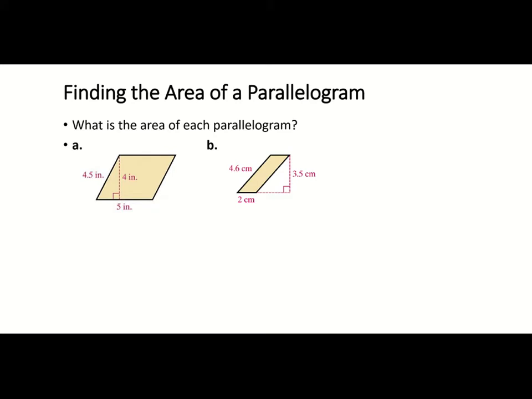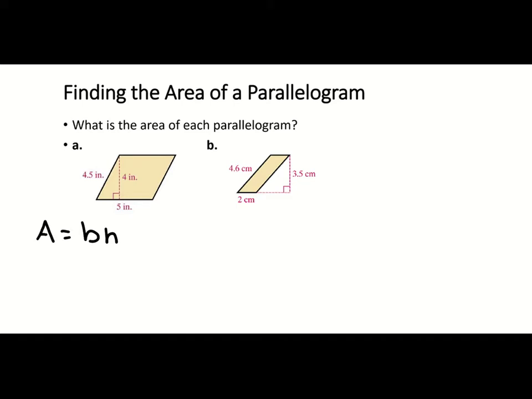Okay, so next we are going to be finding the area of these two parallelograms. Remember, the formula for the area of a parallelogram is area equals base times height. Your height is always a perpendicular segment from the vertex on the opposite side to the base.